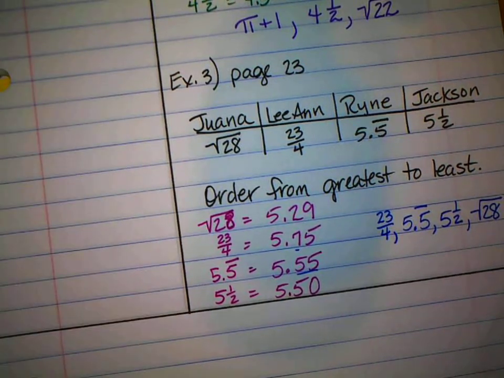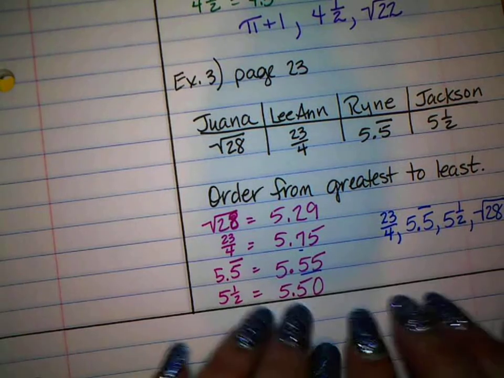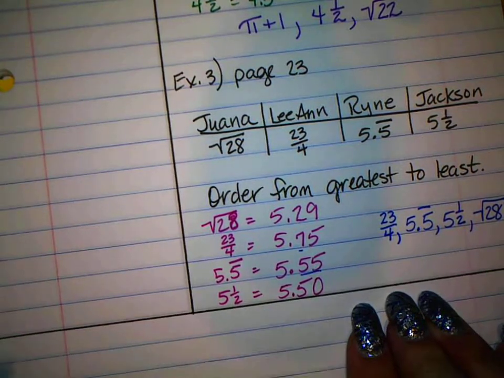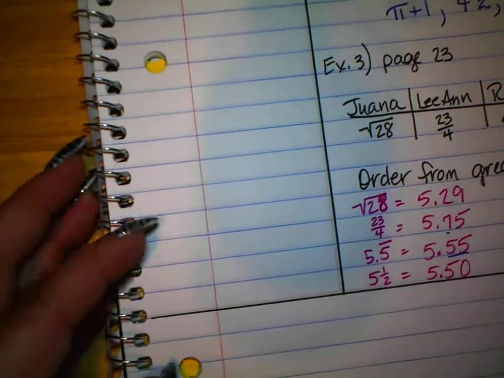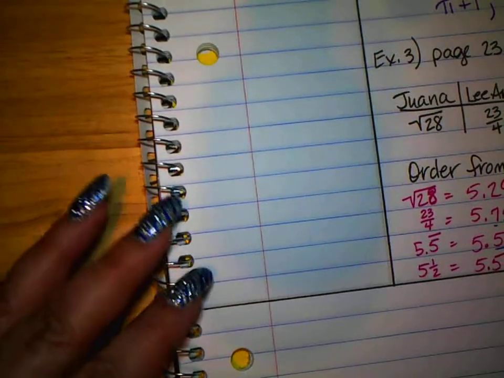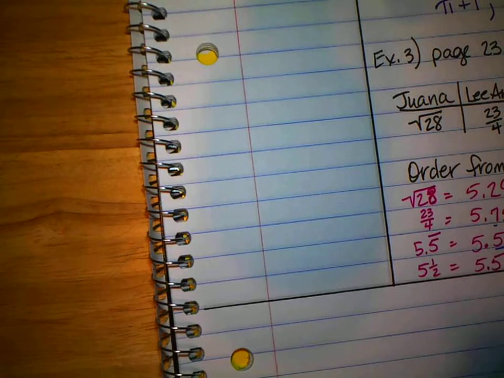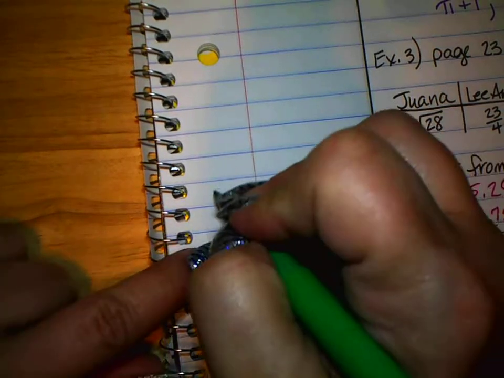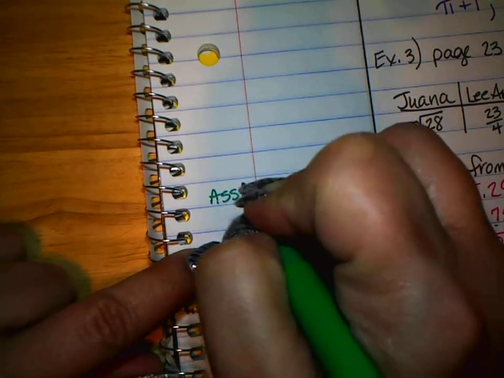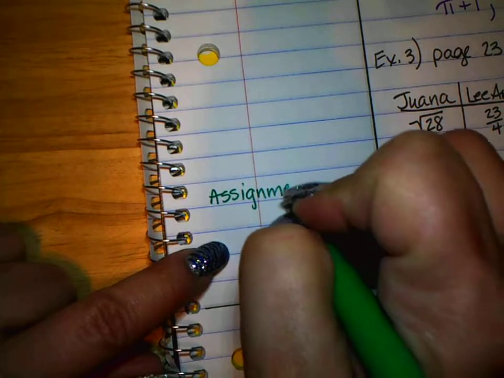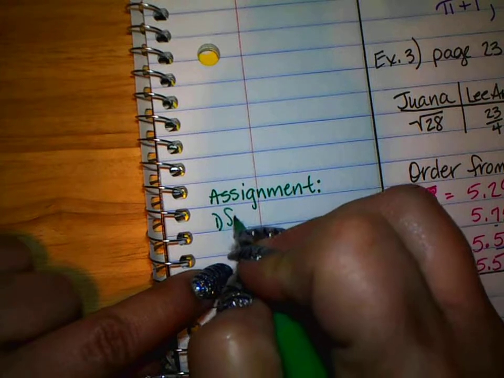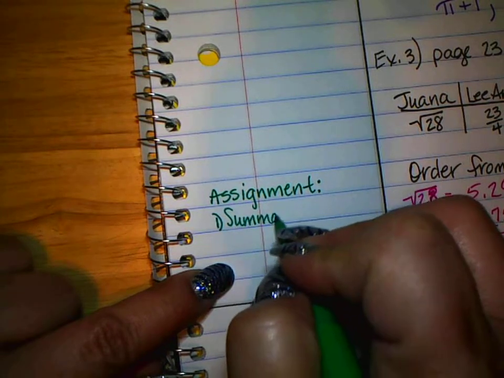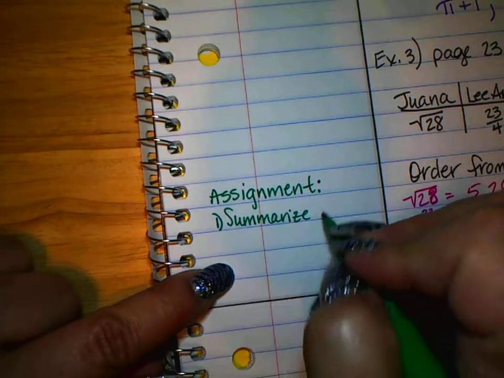Those are the examples that I have for this lesson. I have no more room here, so I'm going to come over here and put your assignment. Your assignment. One, summarize your notes.